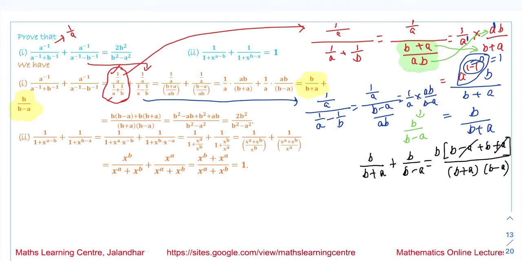The a gets cancelled and we are left with 2b. So the answer is 2b squared over b plus a into b minus a, and this is the formula for b squared minus a squared.